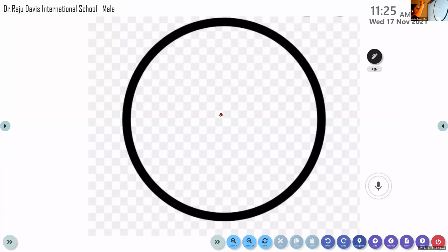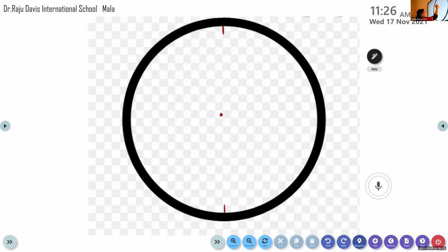Then after that, we have to mark 4 numbers first. Here at this point, correct, top straight, you have to draw a small line like this. And at this point, correct, down, you have to mark one more small line. Understood?